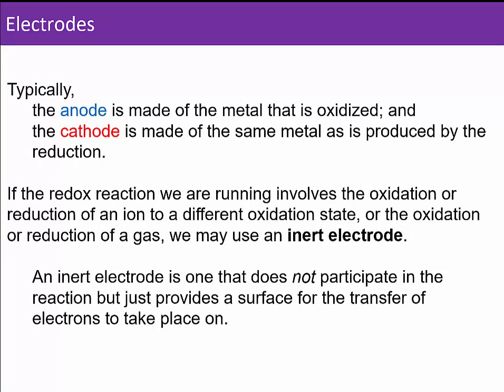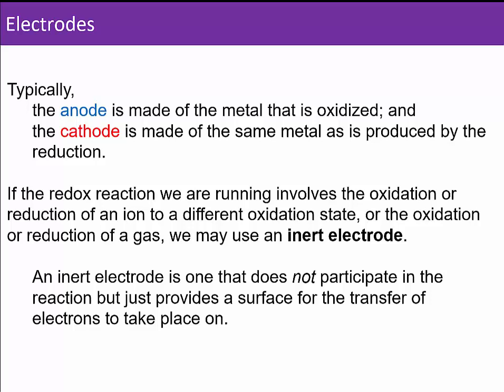Typically, the anode is made of a metal that is oxidized, and the cathode is made of the same metal as produced by the reaction. So if the redox reaction that's running involves the oxidation or reduction of an ion to a different oxidation state, so iron 3 plus to iron 2 plus, or the oxidation or the reduction of a gas, we can use what's called an inert electrode.